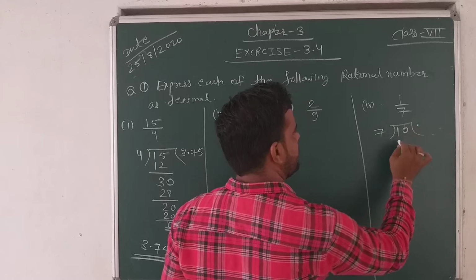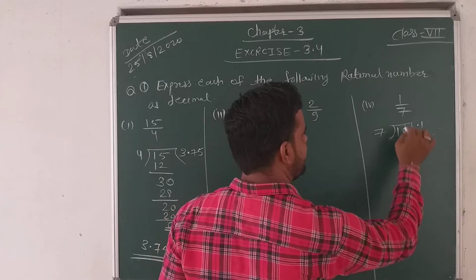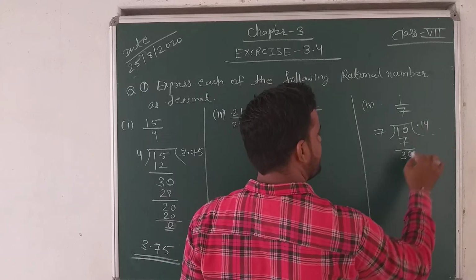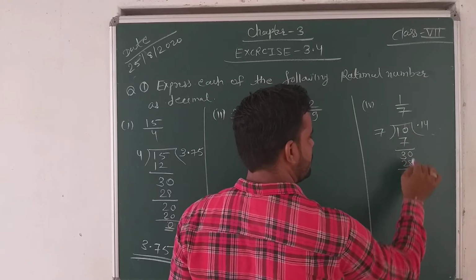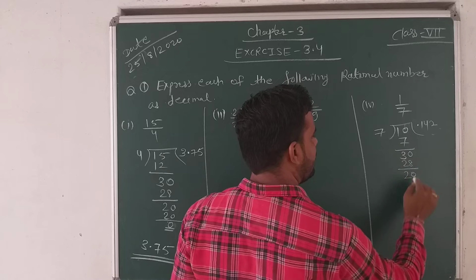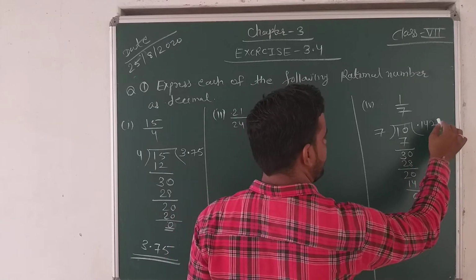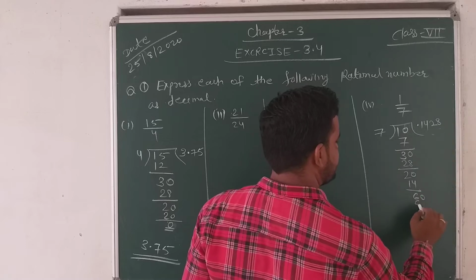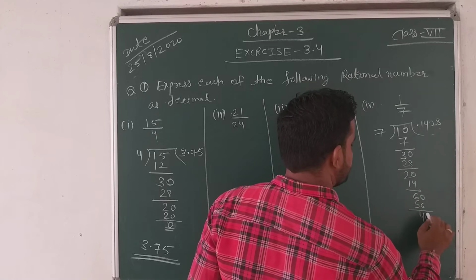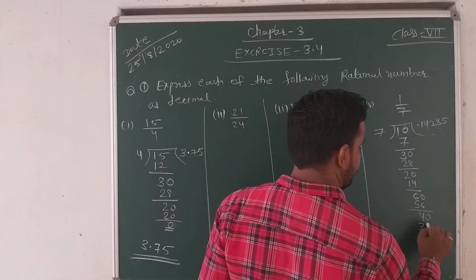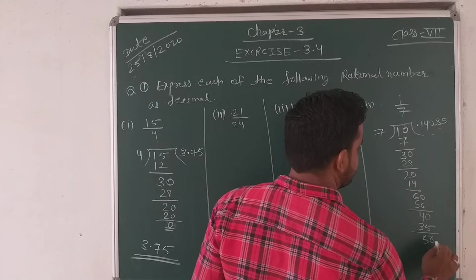Point and 0. 7 ones are 7. Afterwards 3. Okay, then 0. 7 fours are 28. Then 2, 0. 7 twos are 14. Then 6, 0. 7 eights are 56. Then 4, 0. 7 fives are 35. 5, 0.